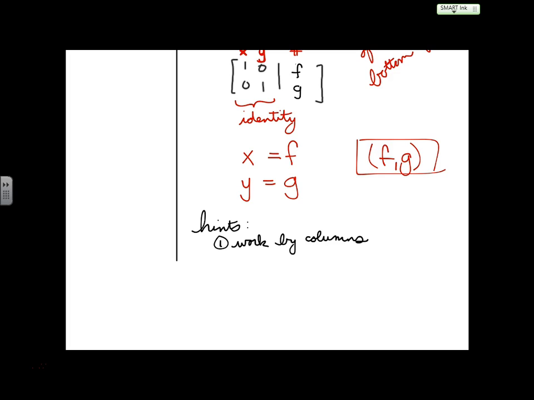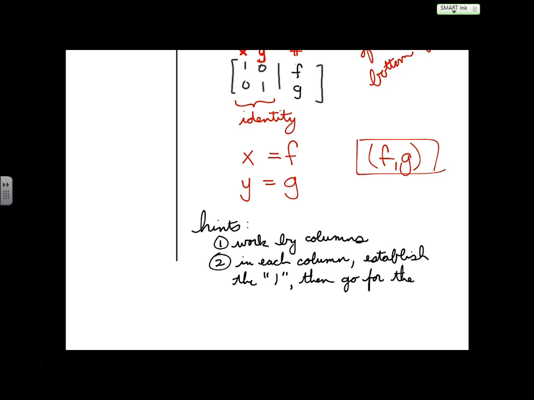Get the column right. How are we going to get the column right? Work by columns, and in each column, establish the one, then go for the zeros.